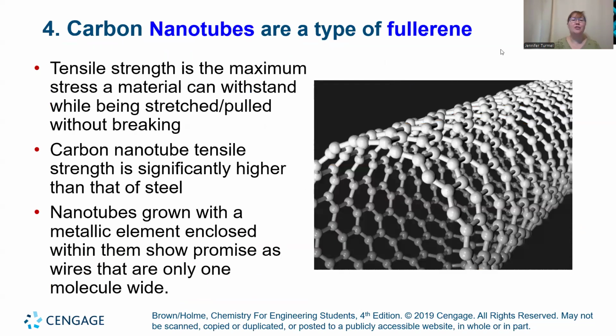All right, so this is a picture of our carbon nanotubes as a type of fullerene. And you can see this really amazing way that it's shaped. It makes this fascinating tube. And the importance here is, let's take a look at what a couple things are.